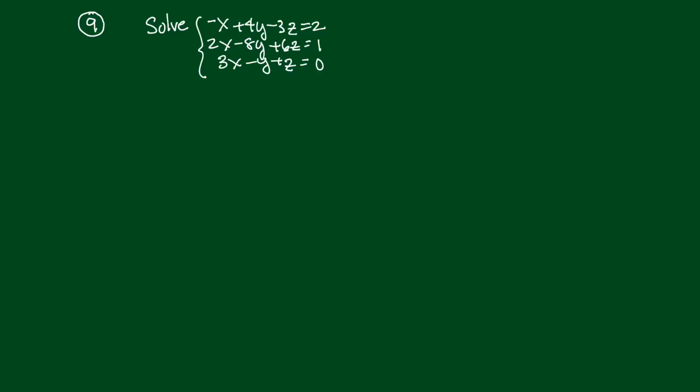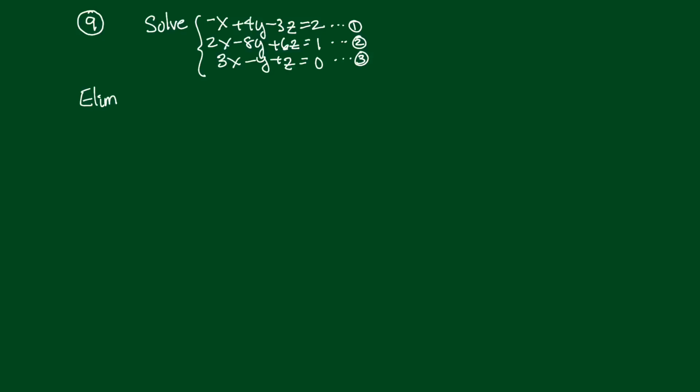So maybe here's what you're thinking. Let's eliminate z, and I think what I'll do is use 1 and 2 and then 1 and 3. So I'm going to number these. That's equation 1. The middle one will be equation 2. Third one, equation 3. So I'm going to eliminate z.